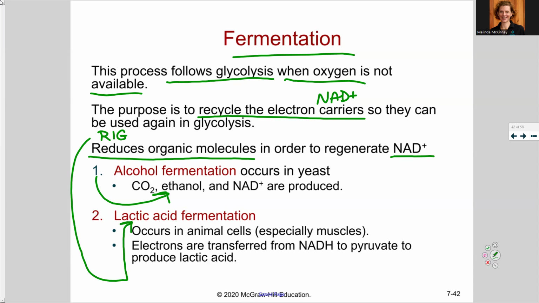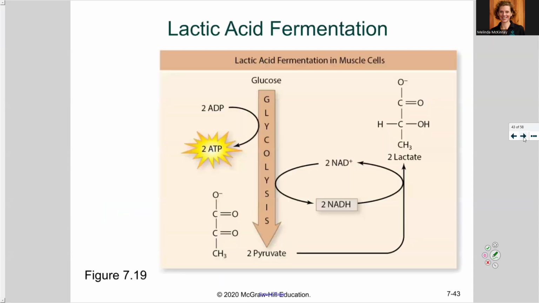So you'll see the word lactate or lactic acid, those are basically the same thing. One is the form when it ionizes in water. This is just showing the diagram of lactic acid from our book. I just wanted to bring this up so you could recognize it.